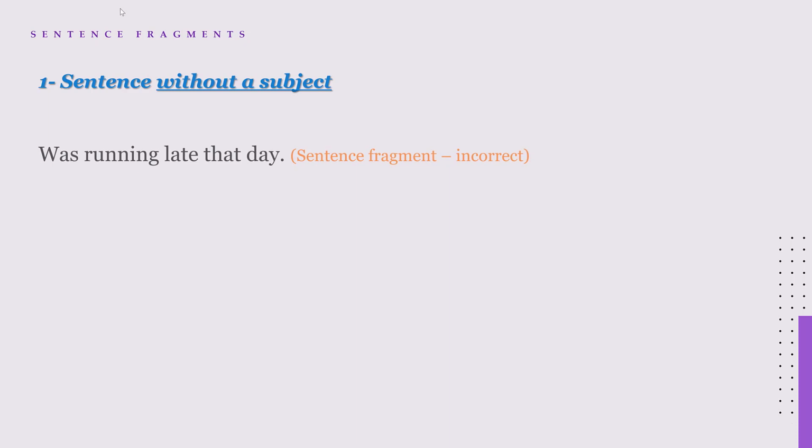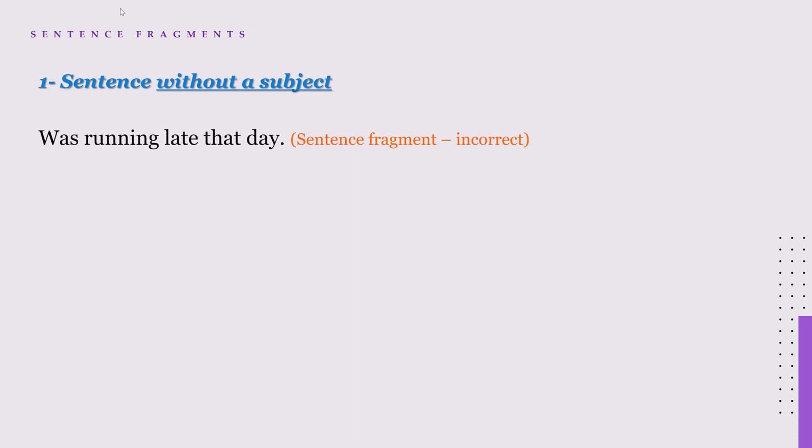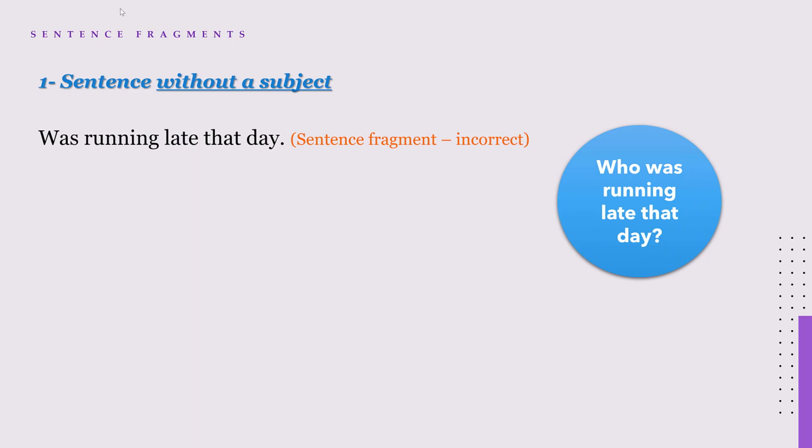For example, "was running late that day." The question is, who was running late that day? As you see, the subject is missing. So the simplest way to correct this fragment is to add a subject. So the correct sentence is, "I was running late that day."